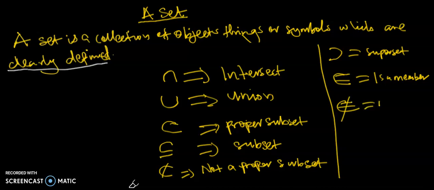This means not a member. So it is good to pay attention to all these symbols, as we are going to be using them in dealing with set theory examples.